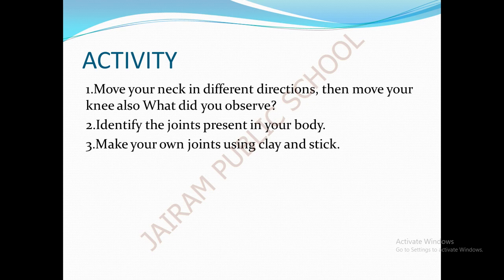And when I keep my hand on my shoulder, I can identify that it is the ball and socket joint. In the same way, keep your hand on all your joints, identify what type of joint it is, and write it in your note. Write the place where you keep your hand and what type of joint it was.